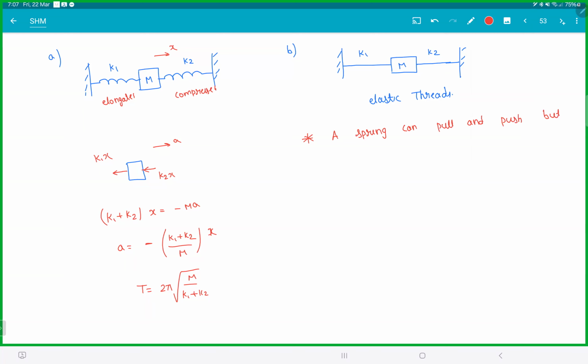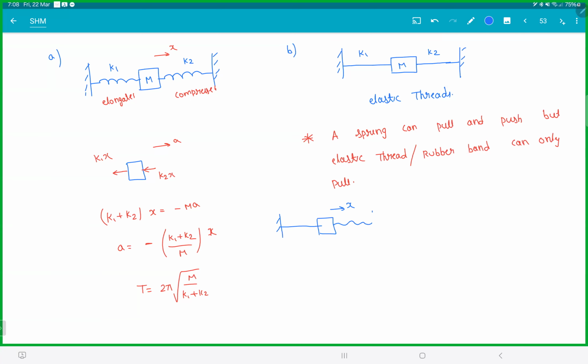But an elastic thread can only pull. Elastic thread or rubber band, they cannot push. So in this system, if you displace this by x this way, this is what will happen.